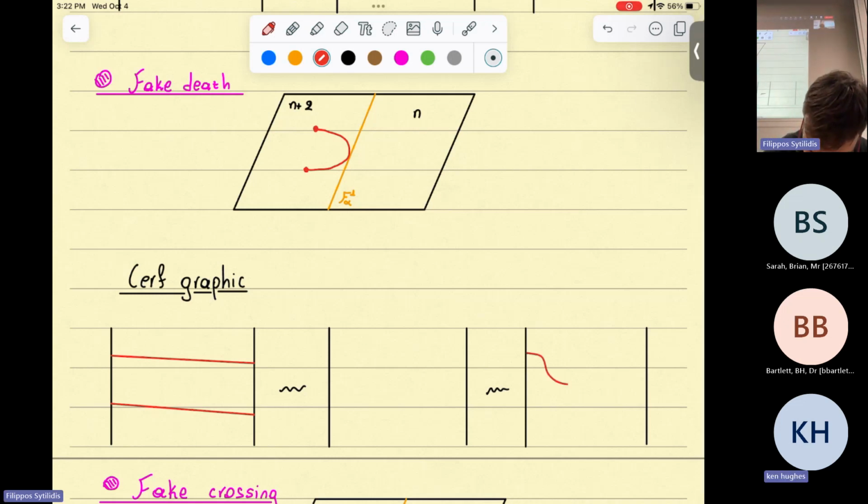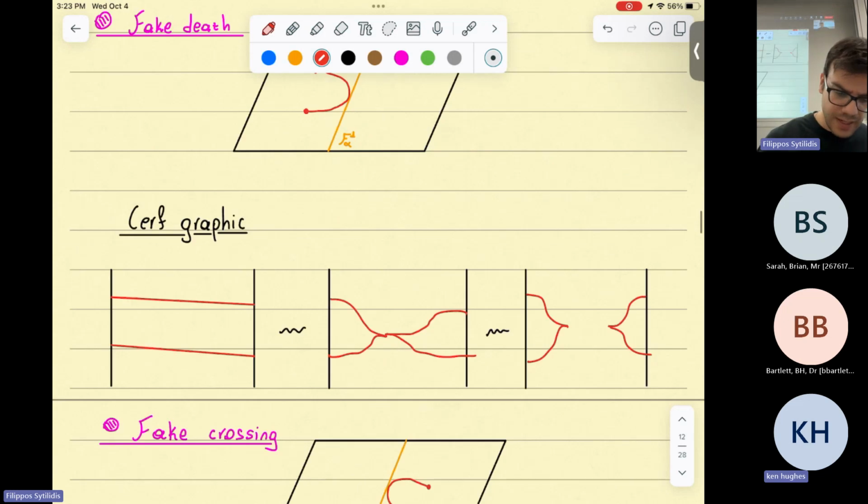It would be like that. And there is an intermediate stage where it would look like this, as in you never actually cross F2, but still you need to. Exactly. And similarly, this is sometimes called the merge-unmerge move.